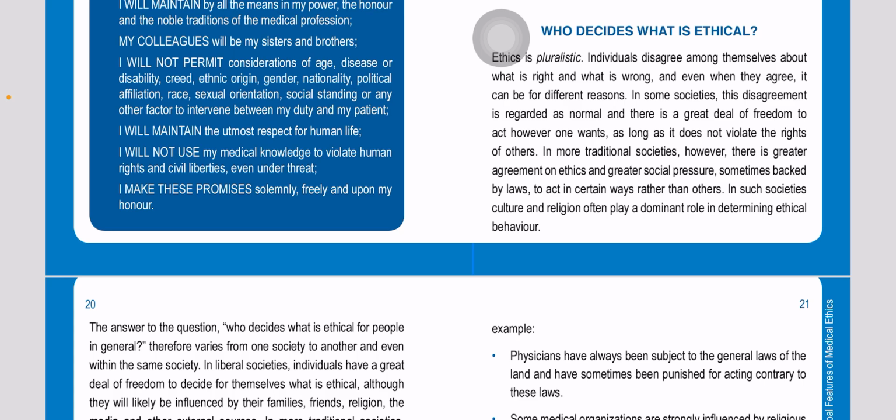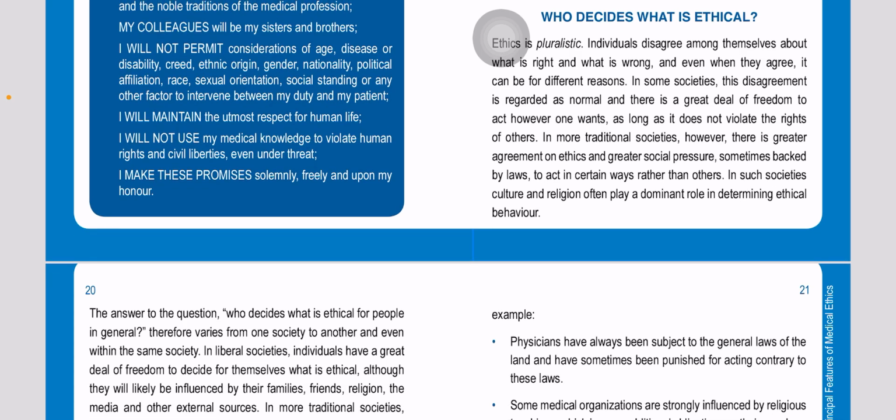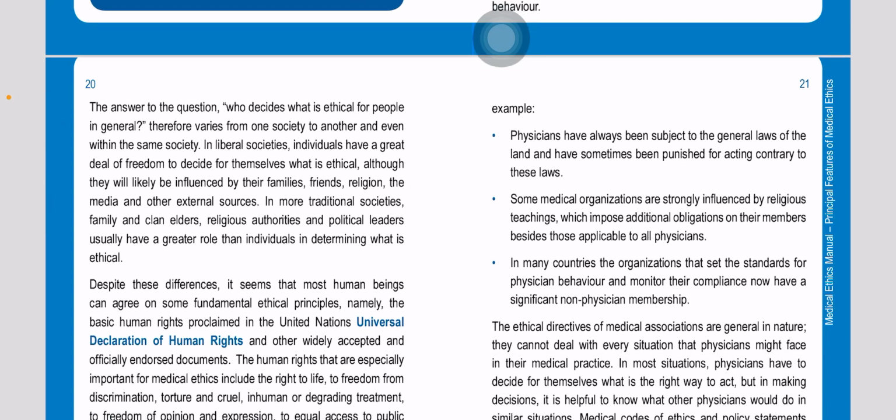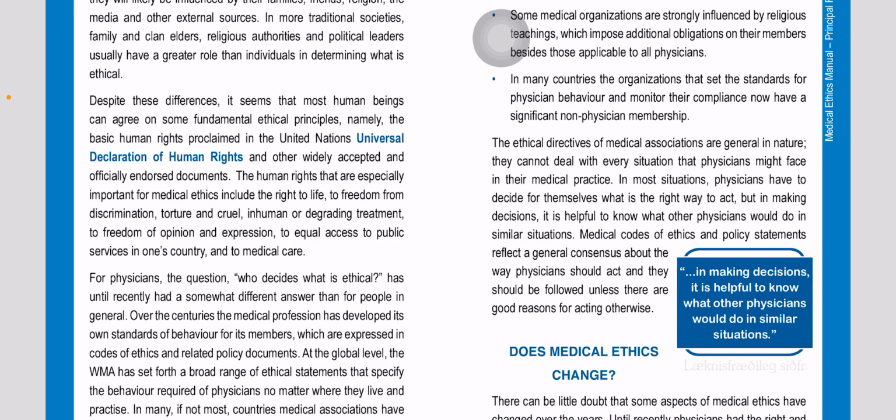So in your respective country, of course, you have your own principles, your own definition of what is right and what is wrong, especially based on your religious precepts or the laws in the land. So these are just matters of reading, class.